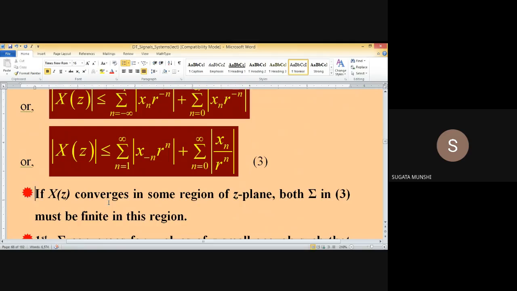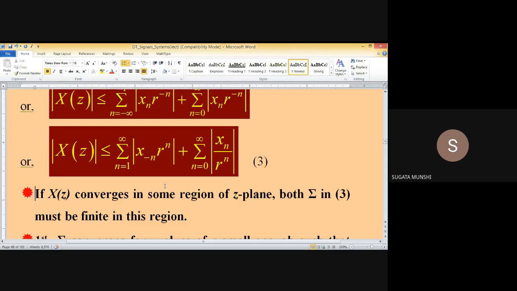So in a common region where both of the summations on the right hand side are finite, the magnitude of X(z) will also be finite there. So what will be the nature of that common region? Magnitude of z has to be greater than a certain value r1 for the second summation to converge, and magnitude of z should be less than a certain value r2 for the first summation to converge.